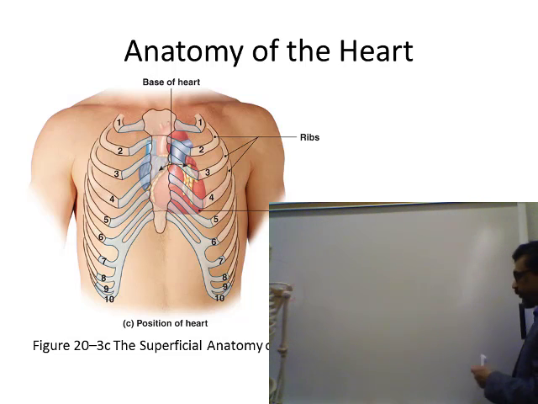Adult circulation has three types: systemic, that's the largest one throughout the body; pulmonary; and portal, also called hepatic portal circulation.